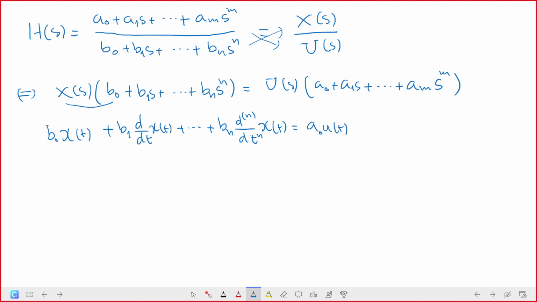Here u is not the step function. Most of the time we use u as a step function, but here u is just a general input.